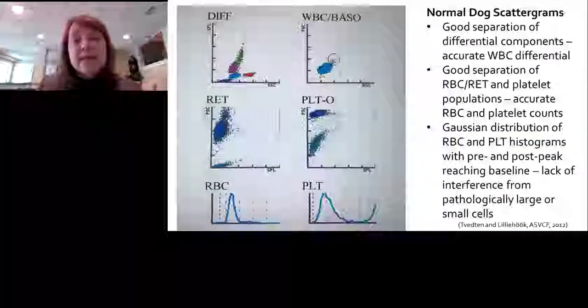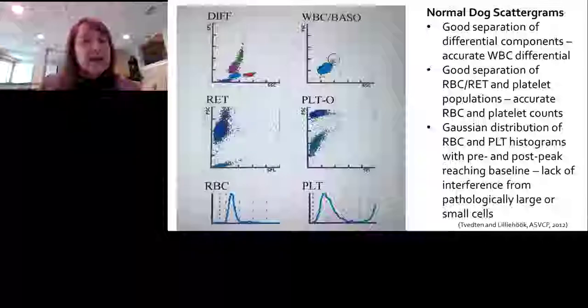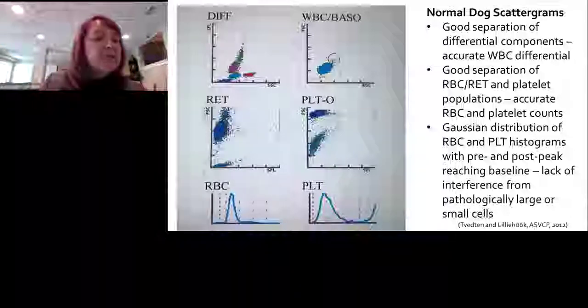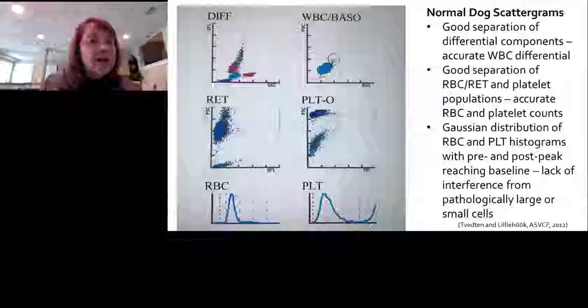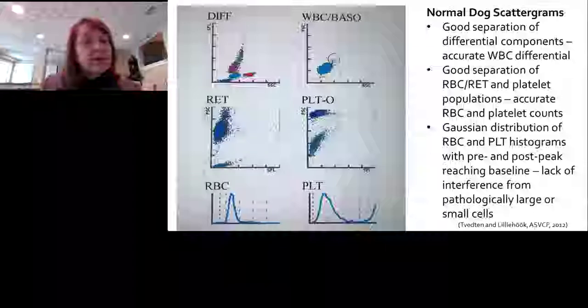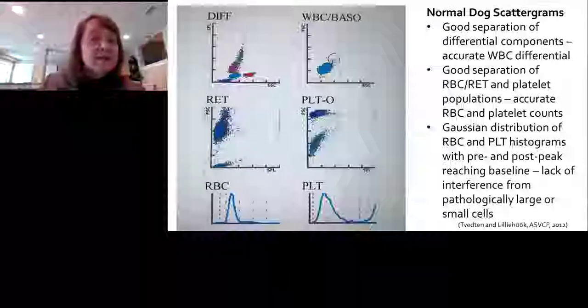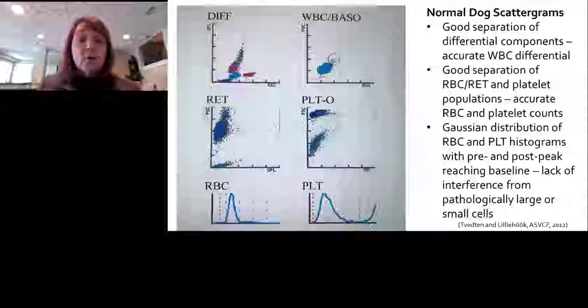When we look at the WNR population, again, we can see the basos pulled out readily. When we look at the reticulocytes of this dog, we find good separation between red cells and the much smaller platelets. We see very few reticulocytes in this dog, but that still could be normal.